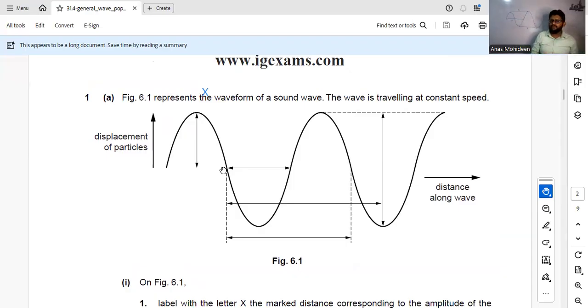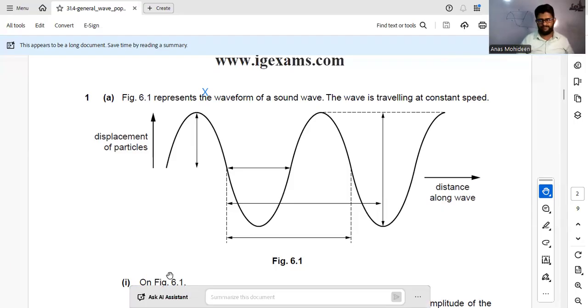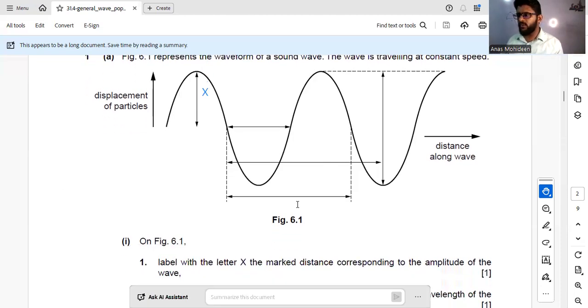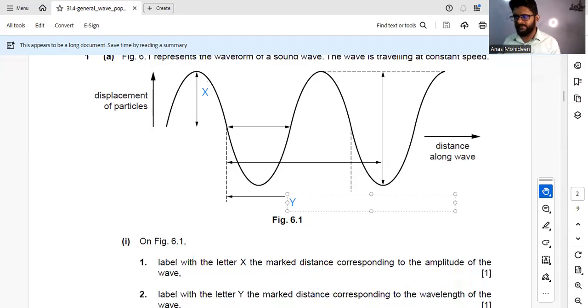A complete vibration refers to 4 steps. Starting from this point, 1, 2, 3, 4. How many steps are there? 1, 2, 3, 4. You can see 4 steps are completed at this point. This is the arrowhead showing you the wavelength. So there we have to mark it as Y. So accordingly, I have done those two questions.